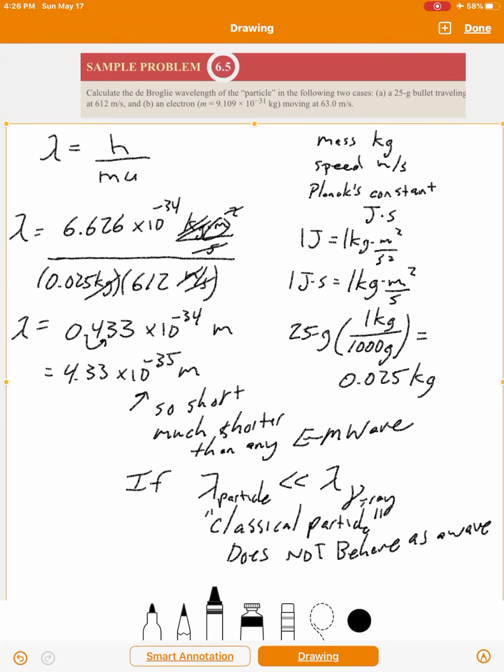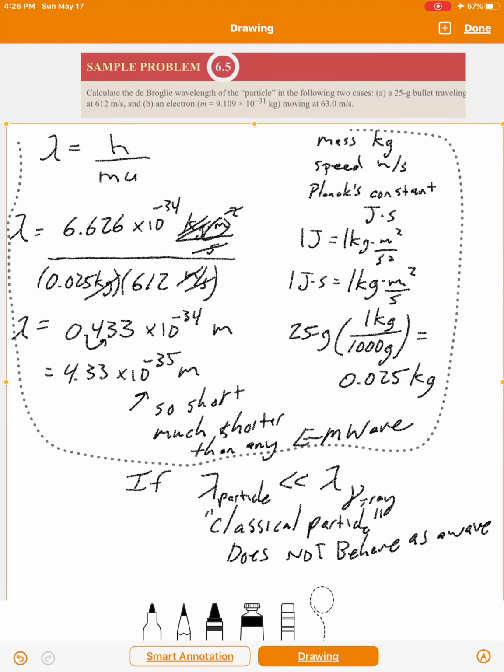Okay? So for that reason, a bullet cannot undergo diffraction or constructive interference or destructive interference or many of the properties that we consider when we consider waves. Okay? So that's part A. It's going to behave classically because the wavelength is so short.